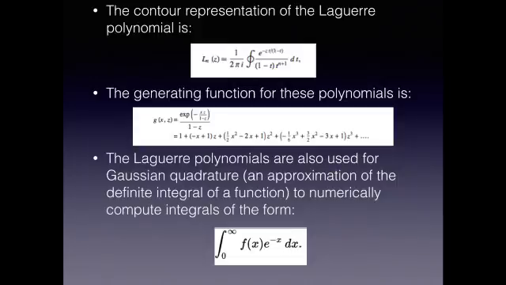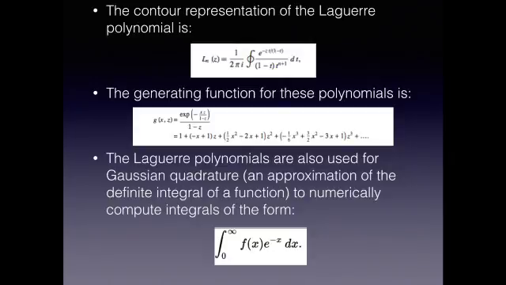Next, we have two properties of Laguerre polynomials. The first is the generating function of the polynomial, which is as shown below. And the second property is that the Laguerre polynomials are also used for Gaussian quadrature, that is, an approximation of the definite integral of a function.